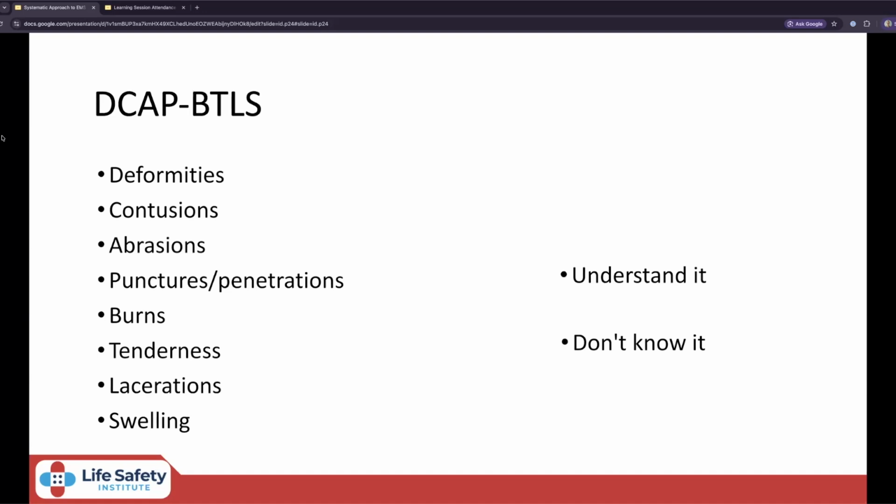Okay, so we move down the extremities and now we're at the feet, right? Well, there are some systems that go between the body and the end of the feet and also the end of the arms. So what we'll do is check a thing called CSMs: circulation, sensation, motor. Basically what we're checking is, are all the systems between the center of the body and the end of this extremity hooked up?